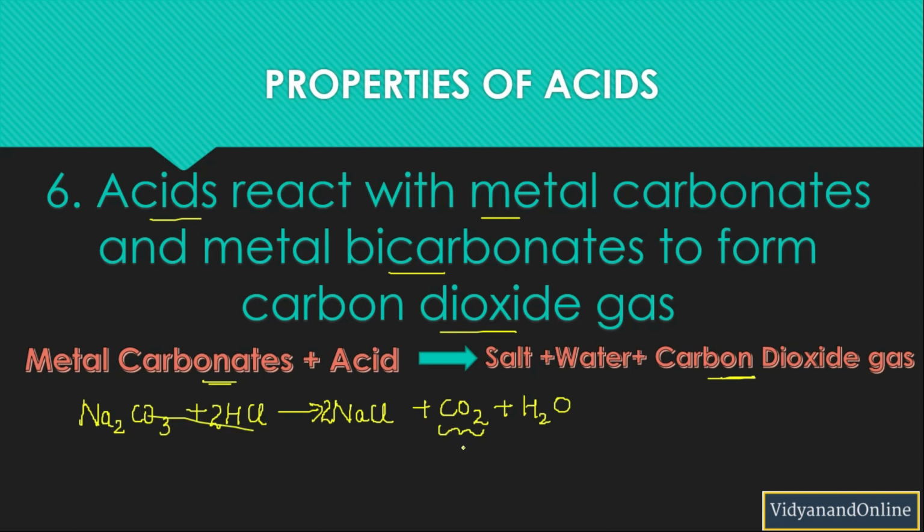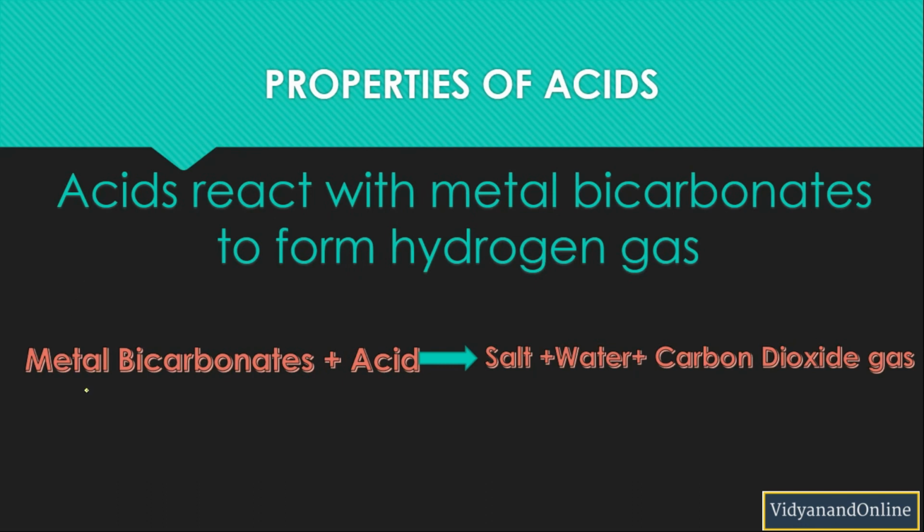Now many a time it is asked how you will tell whether the gas which is emitted is carbon dioxide gas, for which we have a lime water test. Now here let us see the example of metal bicarbonates. So what is a metal bicarbonate? Bi means hydrogen has to be in between. So let us take the example of sodium bicarbonate, which means there has to be hydrogen here, and carbonate is CO3, and it is reacting with HCl.